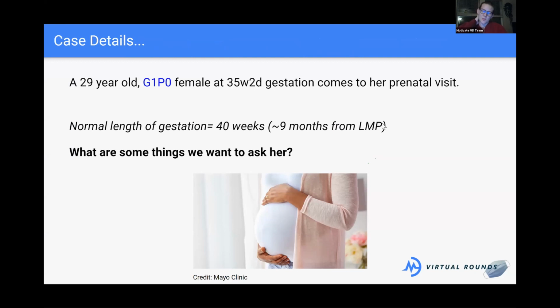So she's pretty close to being done with her pregnancy. She's almost term. What are some things that you guys would like to ask our patient? I'll explain this notation, but this is her first pregnancy, this G1P0.